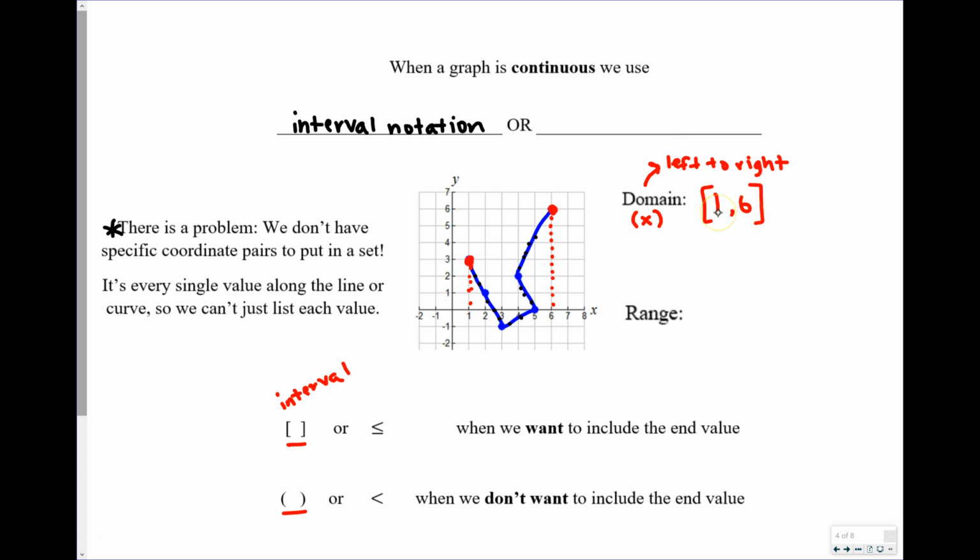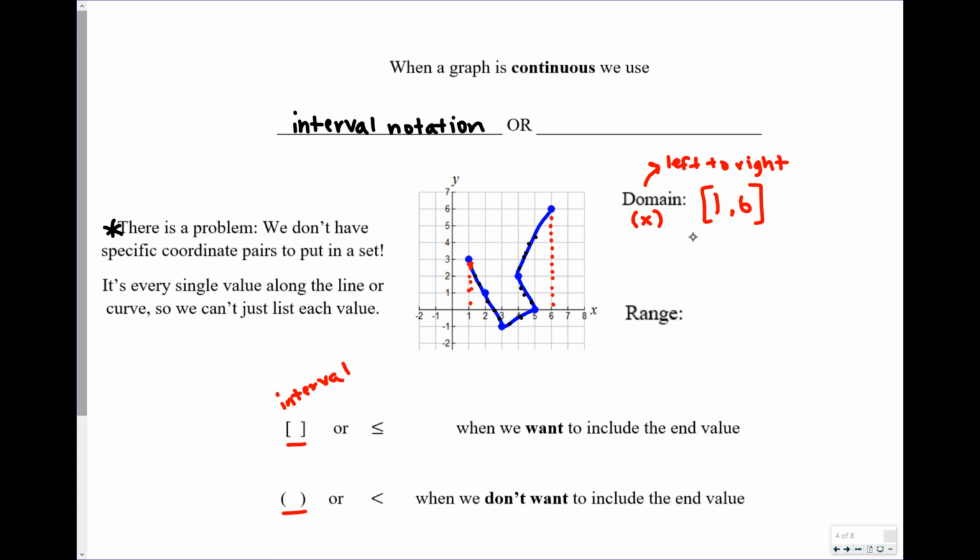I don't have an open circle on these 2 points, and you'll see examples later that do, but these are closed circles. If I erase that, you're going to see that that point is a closed circle. So I do 1, 6, and that is saying that I start at 1 and go to 6, and I include all of the values in between. So that's one way we can notate domain using interval notation.